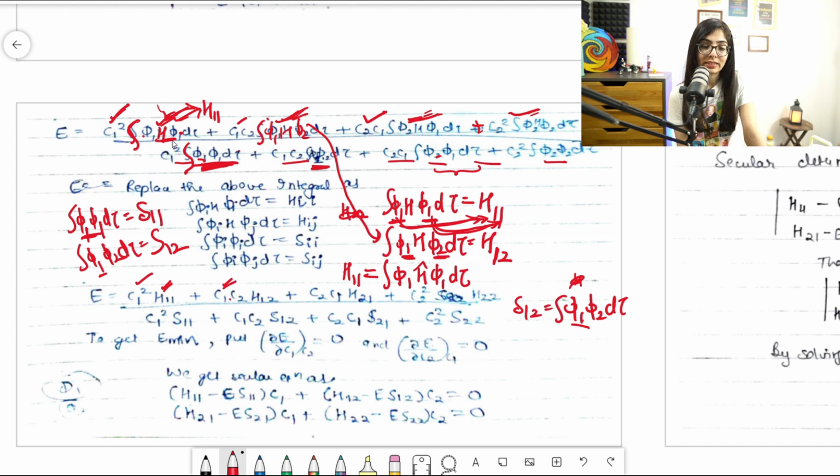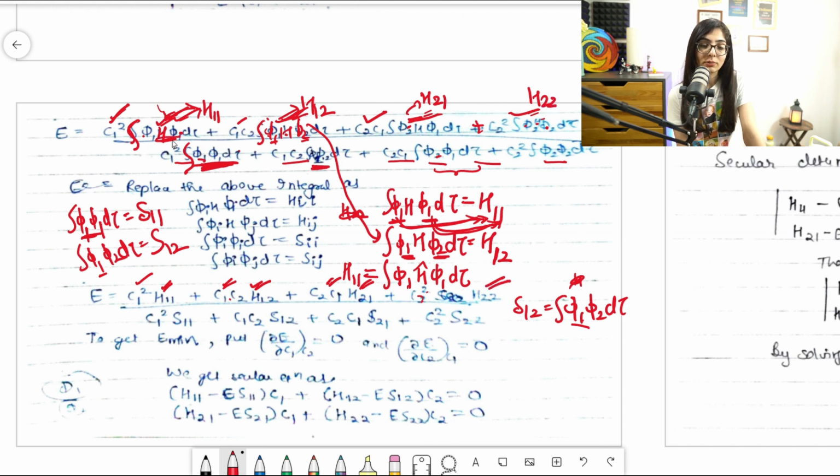And here again the integration phi 1 h phi 2 is there, so it would be h12. And here it would be c2 c1. Okay, c2 c1 is there, I'll write h21. Clear? Plus c2 square is there, and phi 2 h phi 2 is there, so that means h22. So I'll write h22 over here.